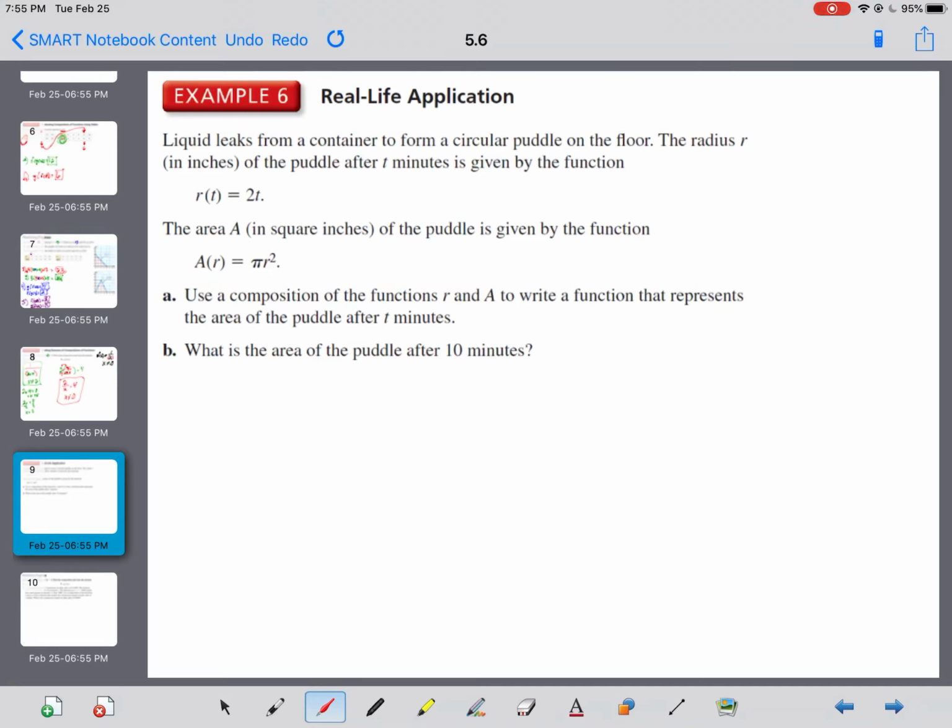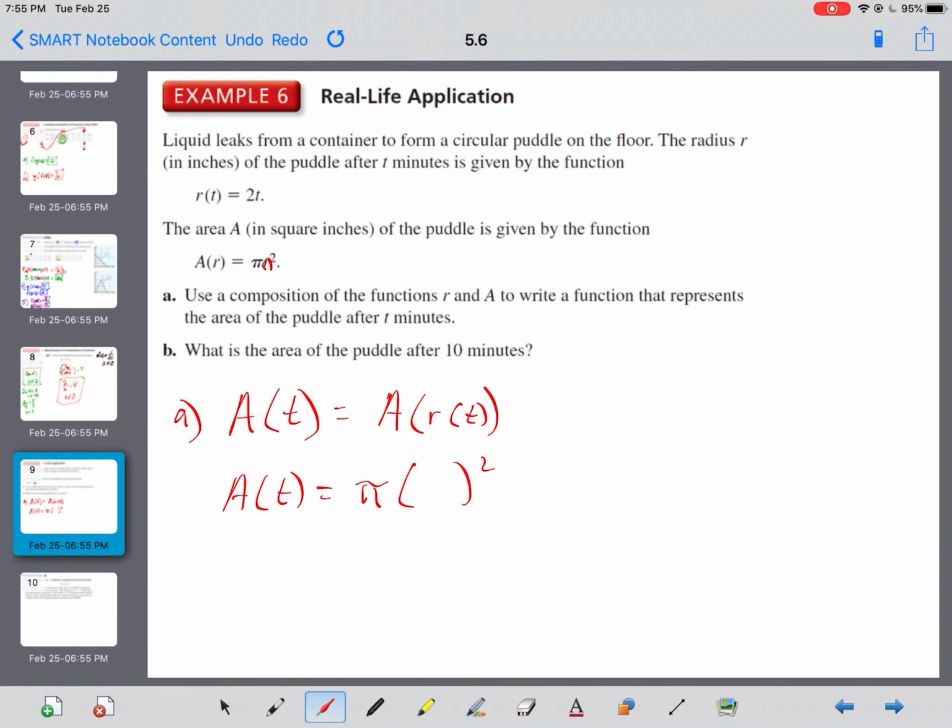Okay, so on part A, we want something that's A of t, and that is equal to A of r of t. And so we're going to take A, and it's pi times something squared, and r is equal to 2t, right?